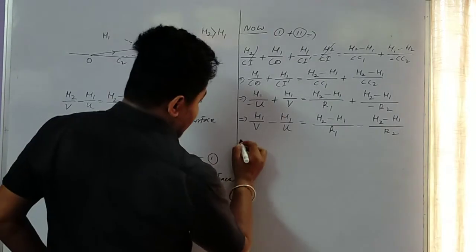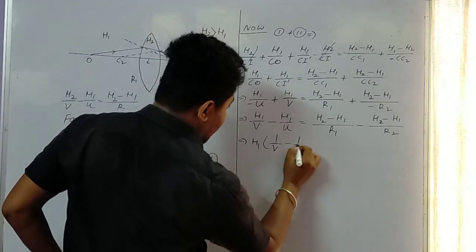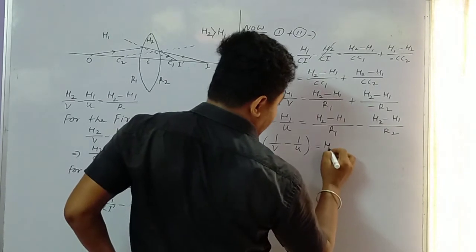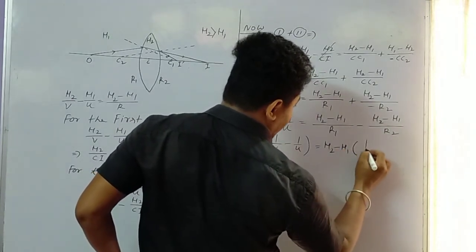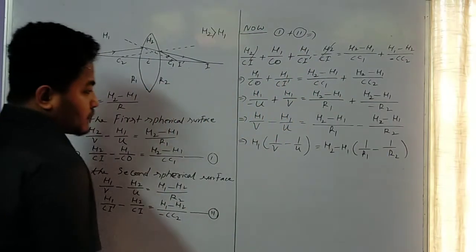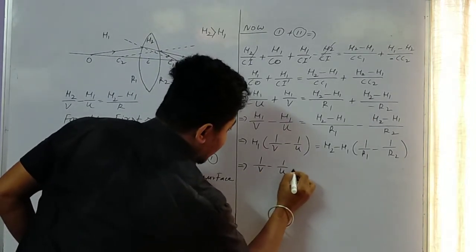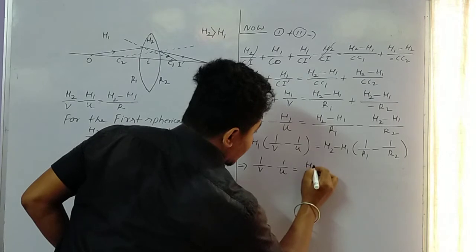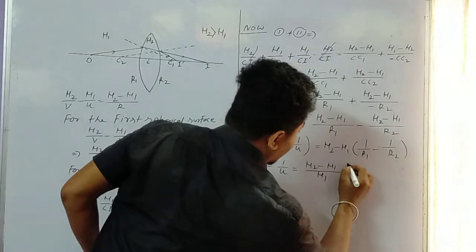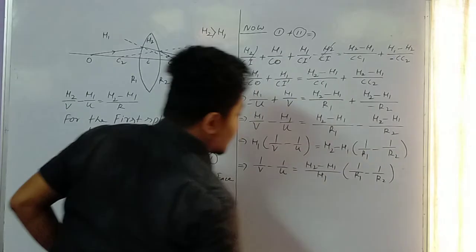So in this case I can take mu1 common, 1 by v minus 1 by u. If I take mu2 minus mu1 as common, 1 by r1 minus 1 by r2. So finally 1 by v minus 1 by u is equal to mu2 minus mu1 by mu1 whole into 1 by r1 minus 1 by r2.